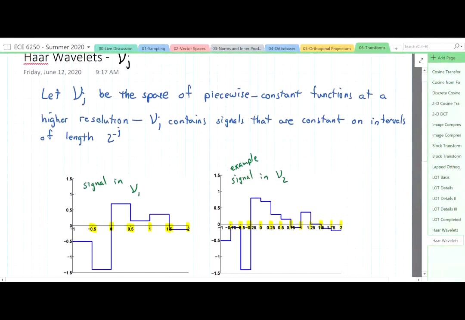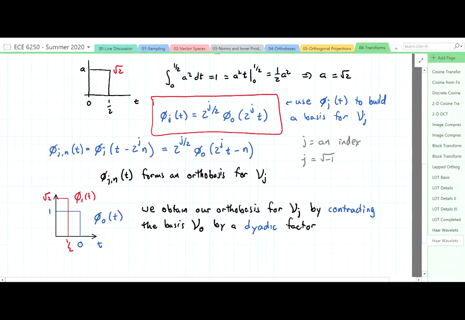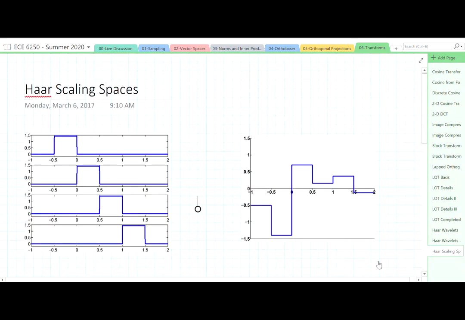So that's it. Actually, let me show you, before we end this lecture, just a brief illustration of how this works with some figures. Okay, so let's look at some Haar scaling spaces here. We're starting out with a signal here that is constant on intervals of length 1/2.